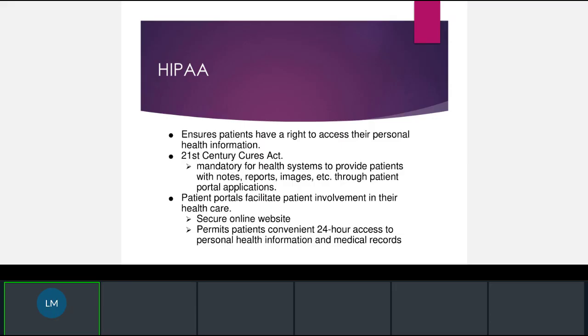So it should be a secure online website that allows the patient 24-hour access to their personal health information and their medical records. They can access all of that stuff that we talked about, but it is protected, because if that was ever breached, it would mean that all of your information would be out there, which would be a huge HIPAA violation for sure.